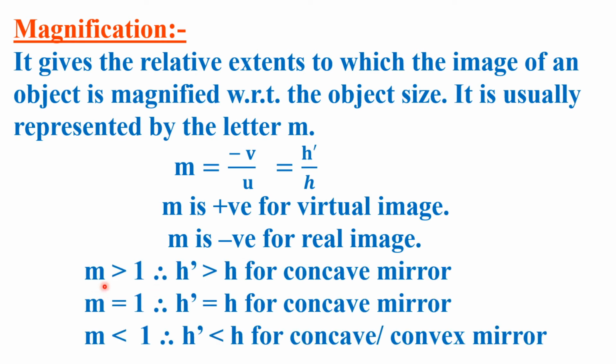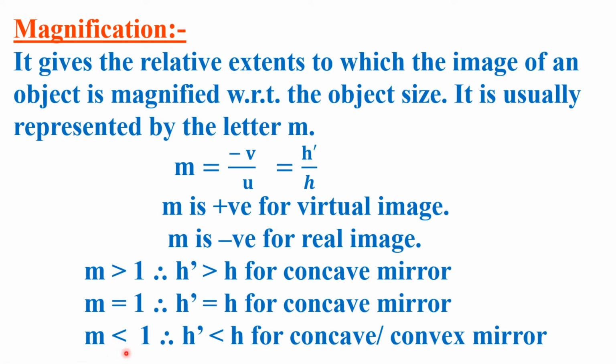When M is greater than 1, H dash is also greater than H. This is for a concave mirror. When magnification is equal to 1, H dash and H, that means the height of the image and the object, are the same; this happens when the object is placed at the center for a concave mirror, as well as for the plane mirror.